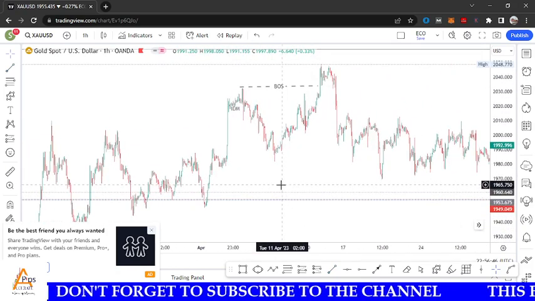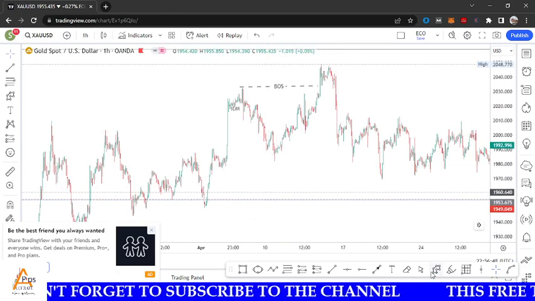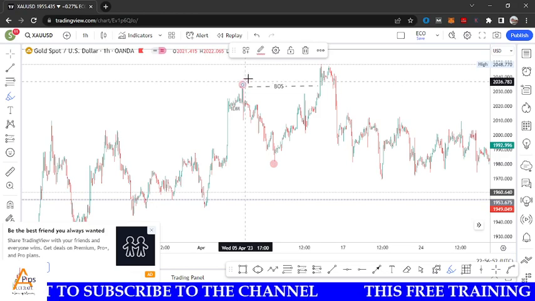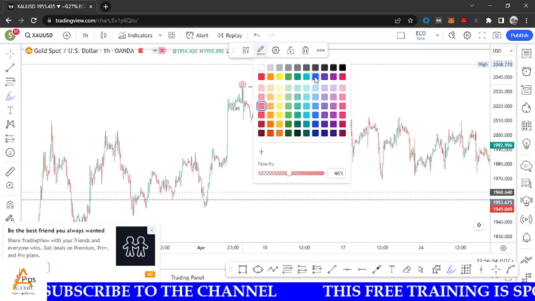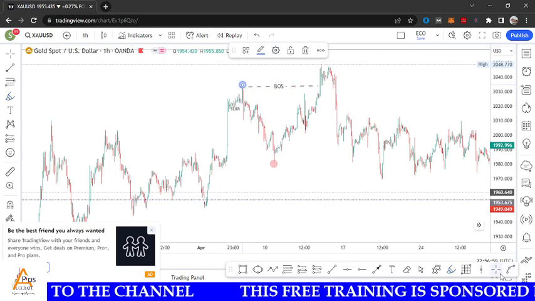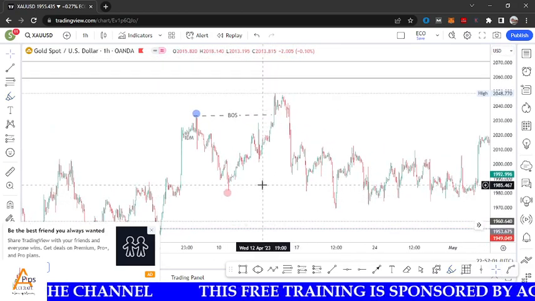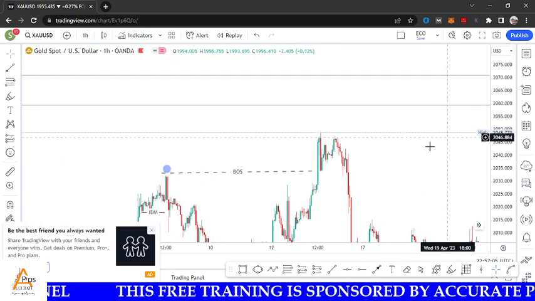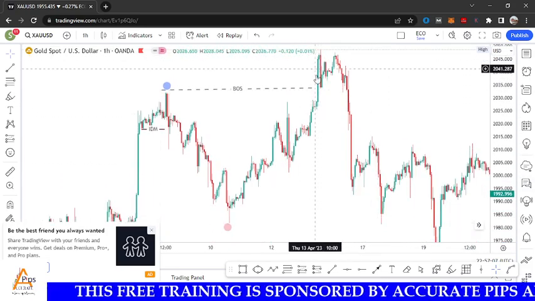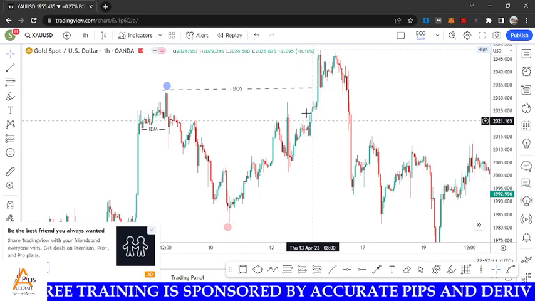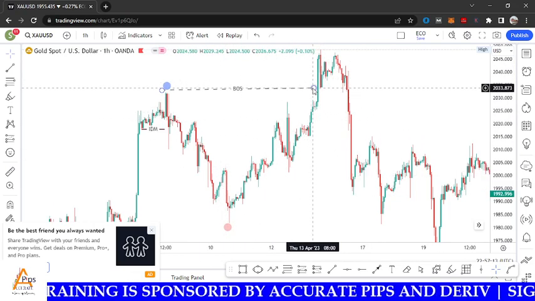And now, this is the lowest point. So let's mark here. So this low, this high. Let me change the color for the high here to blue. All right. Now, since we have this confirmation, let's look at here. Where is our most recent valid pullback in this leg that is close by after the break of structure?